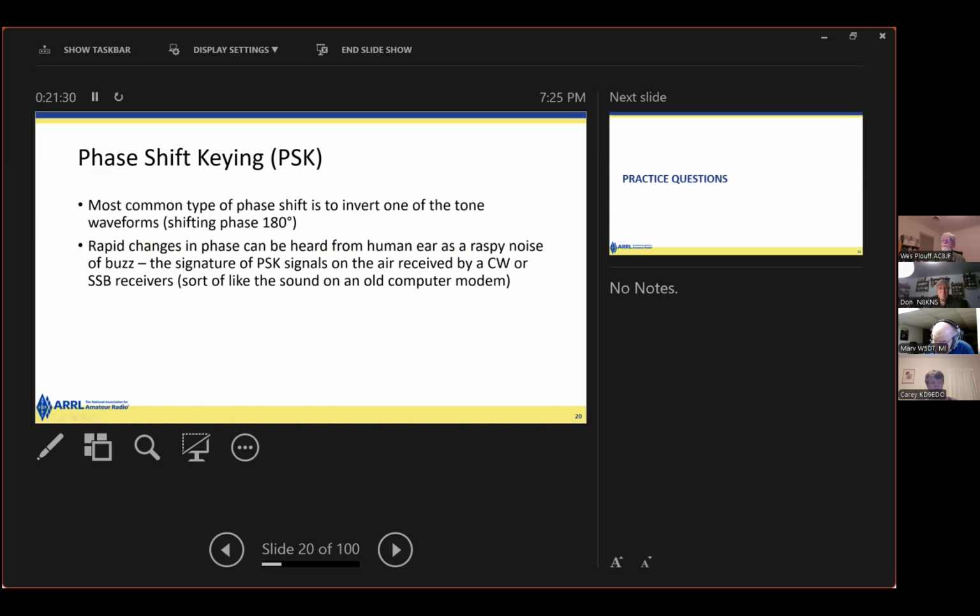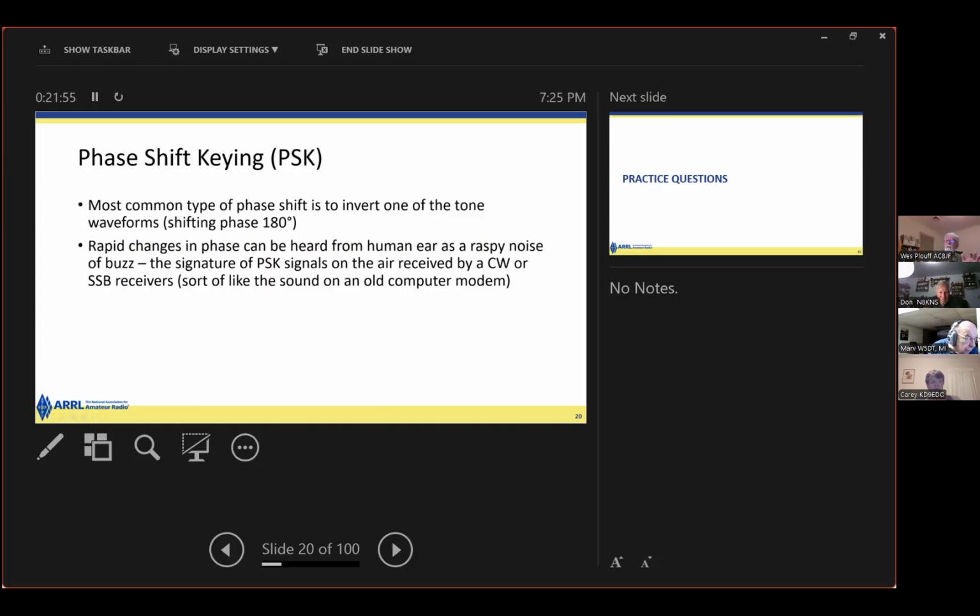With rapid changes, what you can hear is PSK sounds kind of raspy or kind of ghostly because it's basically one tone, but the phase shifts introduce a buzz on that. It sounds a little bit like a phone modem, but not too much, for those of us who are old enough.